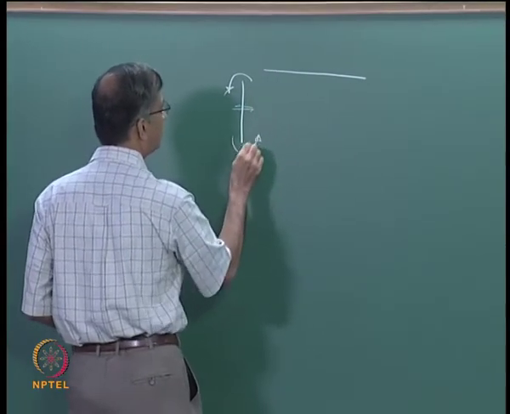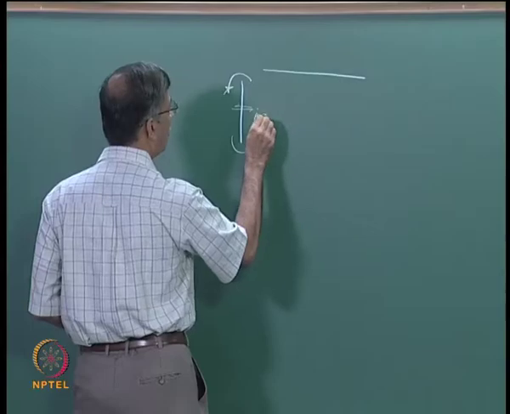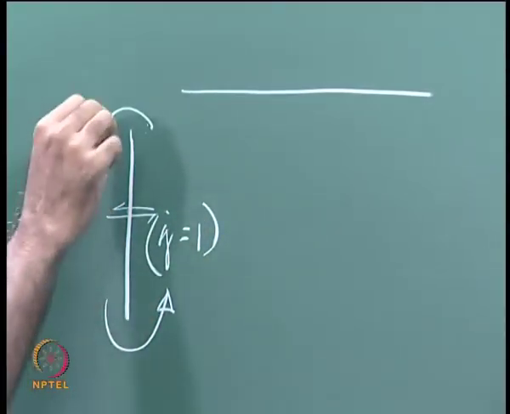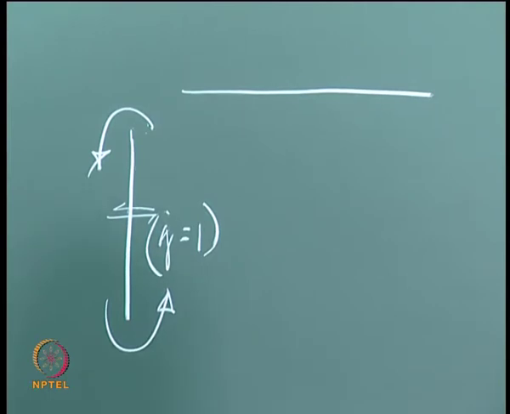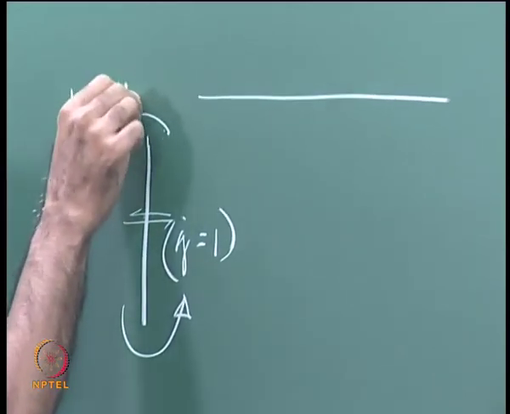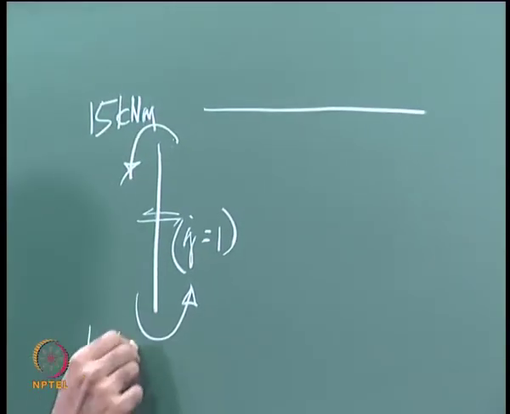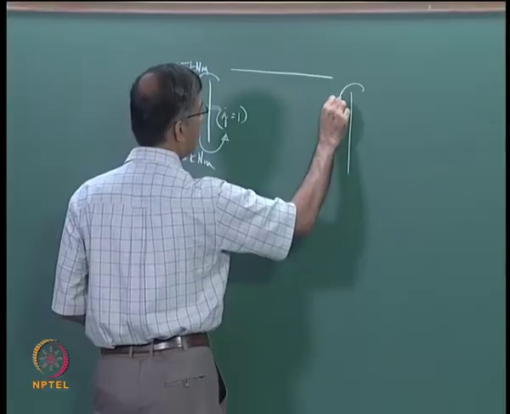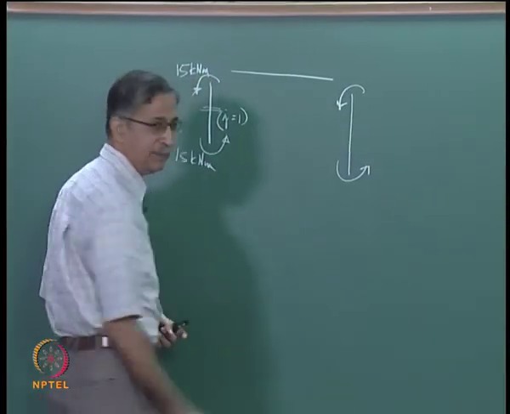This is the top story, j equal to 1. So how much was this value? 15. So this was 15 kilonewton meter, this was 15 kilonewton meter. You had another identical column with the same moments, I am not going to write them down.